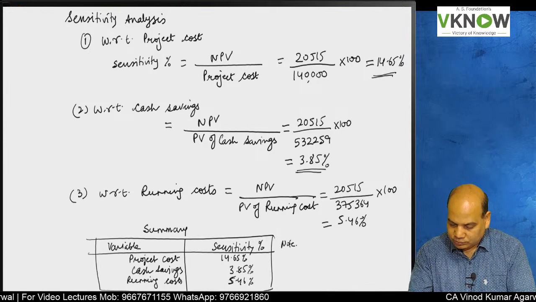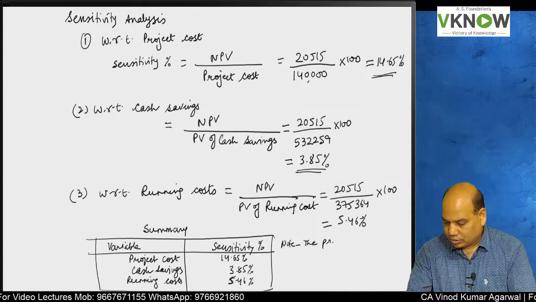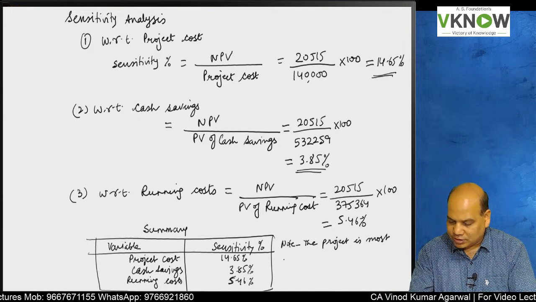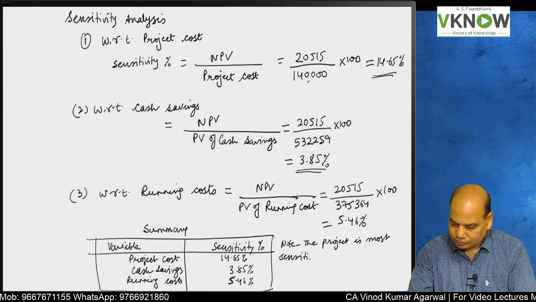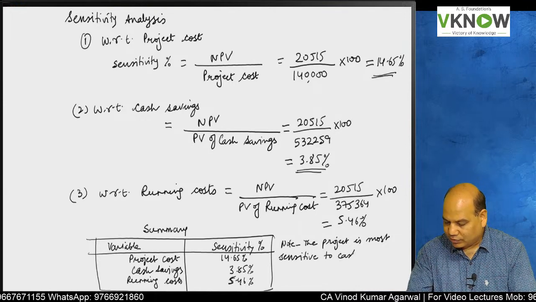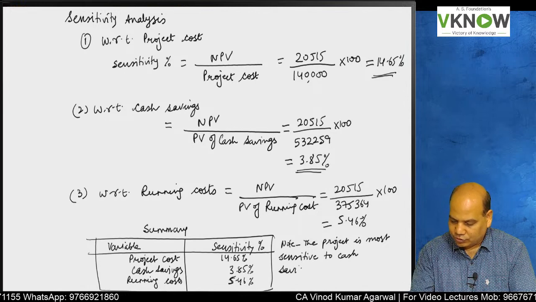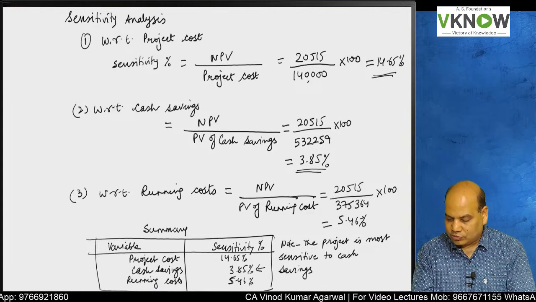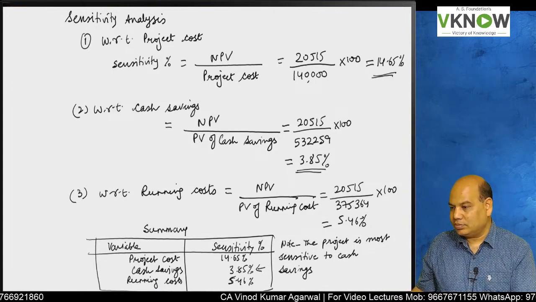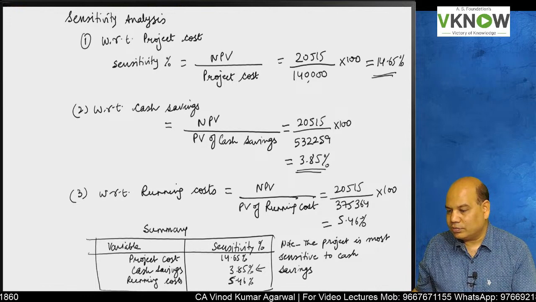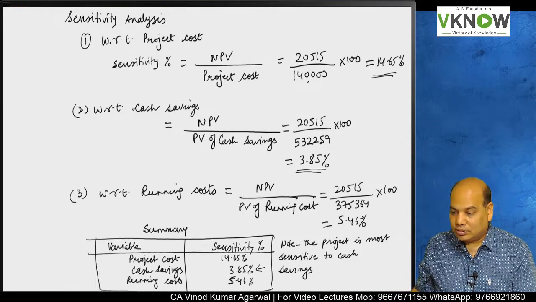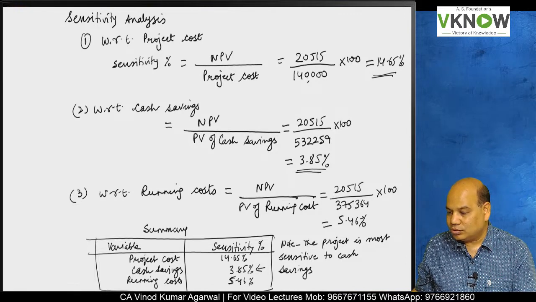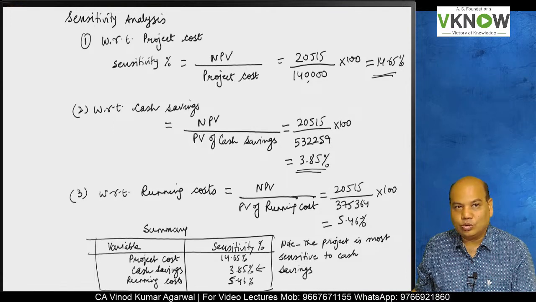Write down one note below. The project is most sensitive to cash savings. Can you see that? Project is most sensitive to cash saving because your margin of safety in percentage is very low. A 3.85% fall in cash saving can result into 0 NPV, and more than that will result into negative NPV.